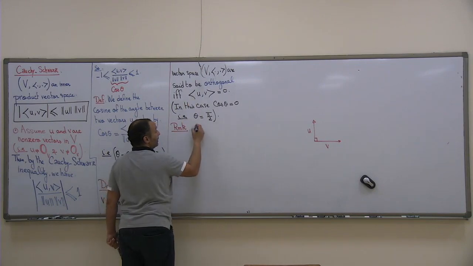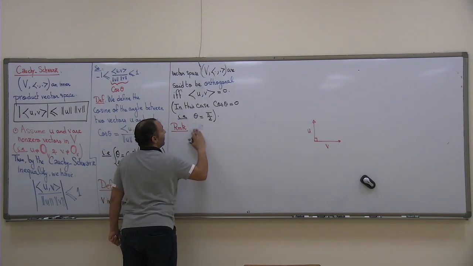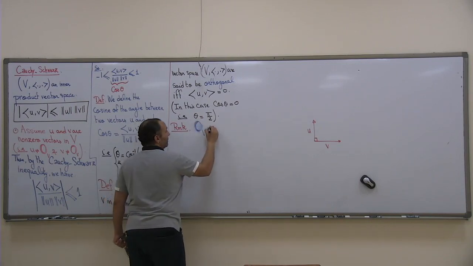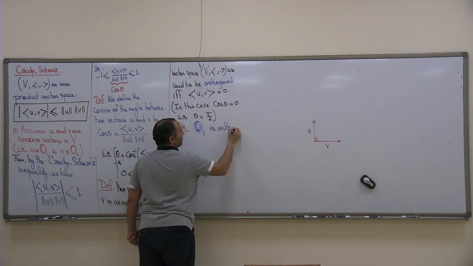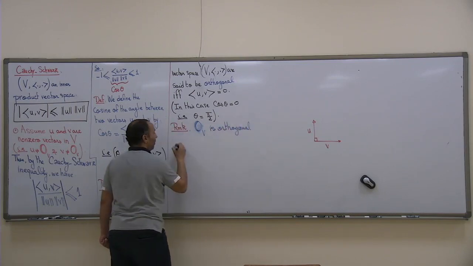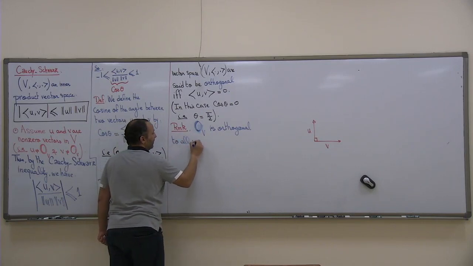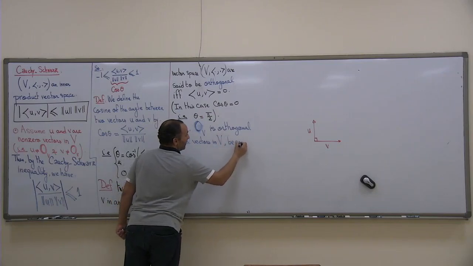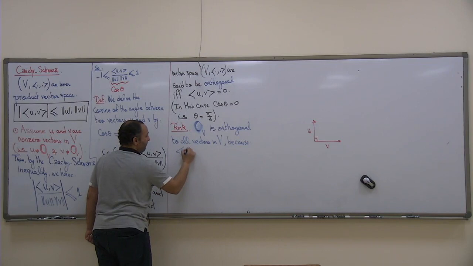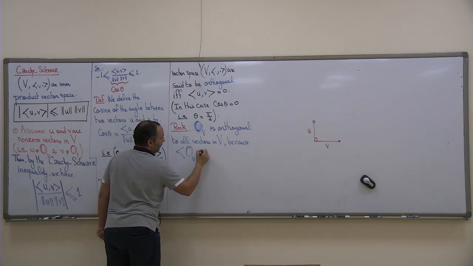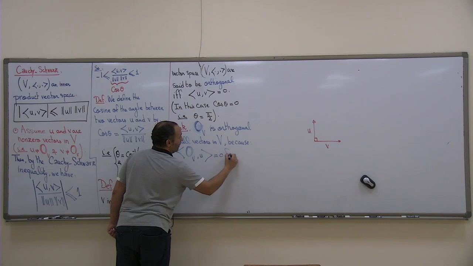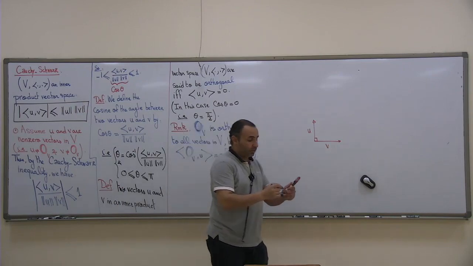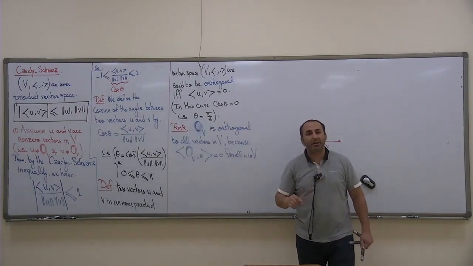Now, a very simple remark. Inside this vector space, the 0 vector is orthogonal to all vectors in V, because if I take the inner product of the 0 vector with u, it will be equal to 0 for all u in V. So the 0 vector is orthogonal to any other vector inside your inner product vector space.